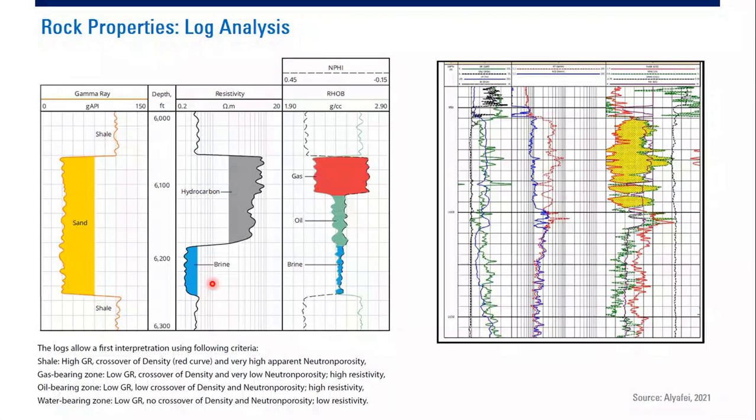Low resistivity usually means brine or water. High resistivity usually means hydrocarbon. But with resistivity log we can only distinguish hydrocarbon; we cannot distinguish oil from gas. To know oil or gas, we need to combine with the density log and the porosity log.